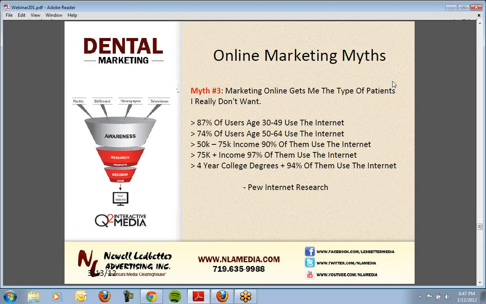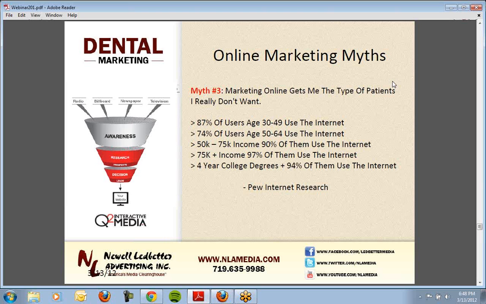What about this one? Households that have $75,000 or more in annual income, 97% of them use the Internet. Now, what's interesting is I looked at the rest of the data, and when you go from 35 to 50, from 20 to 35, it really slopes down.